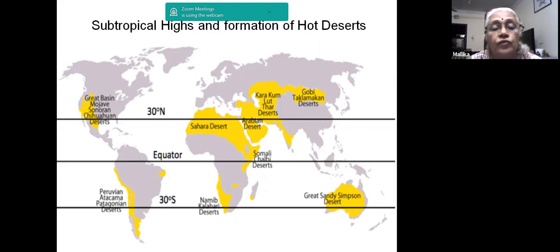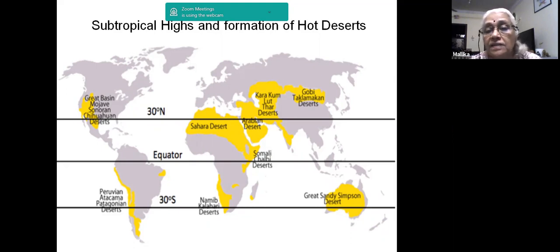Okay. Then if you go down to the southern hemisphere, in South America, you have the Atacama Desert, which is the hottest and the driest desert in the world. Then you have the Namib and Kalahari deserts in South Africa. And then you have the whole of West Australia as a desert, right? The Great Sandy, Simpson, Victoria and so on in Australia.